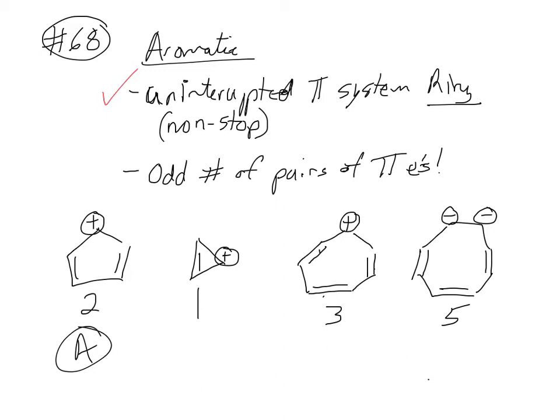It says not aromatic. So anti-aromatic things have even numbers of pairs in an uninterrupted pi system. But lots of things are non-aromatic, like ethanol is non-aromatic. That doesn't mean it's anti-aromatic. Anti-aromatic means like a bad thing almost, it's higher in energy. Make sense? Yes. Good.